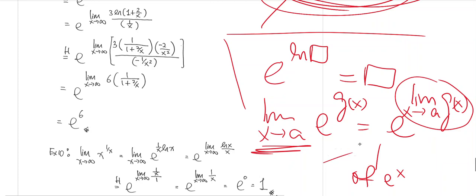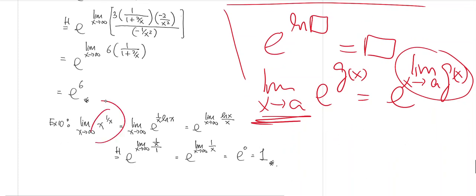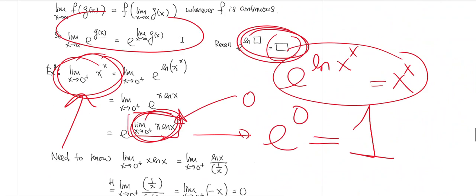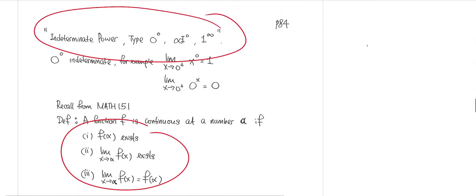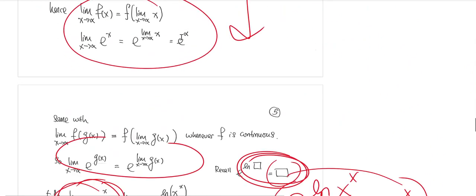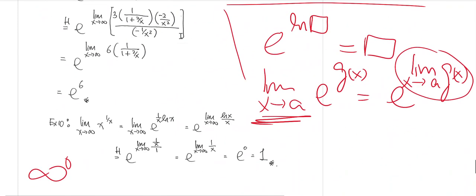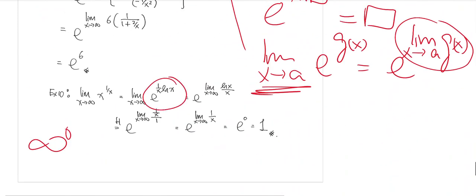Okay, cool. Now, all right, last thing. This is a type of infinity to the power of 0, because when x goes to infinity, x obviously goes to infinity, and 1 over x goes to 0. Same thing, as long as it is an indeterminate power of this type, the solution method is the same, which is first to write it as the exponential of something in terms of x. I skipped a step here, but I already brought it down.